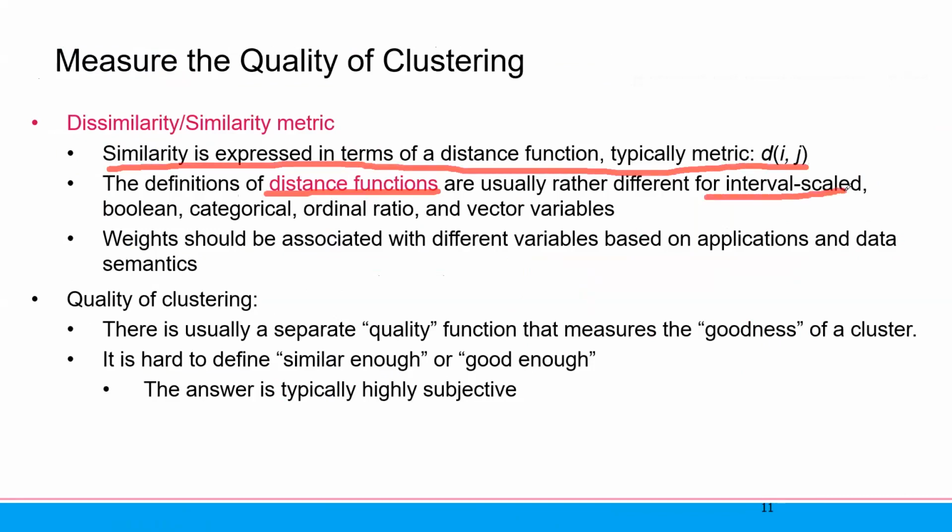It can be used for the interval scale, but there are also other similarity measures for Boolean. You know Boolean? True, false, 0, 1. Or there are also distance functions for categorical. What you learned until now is the distance measure for numbers. We can also use distance functions for categorical, but I didn't explain what a distance measure for categorical is.